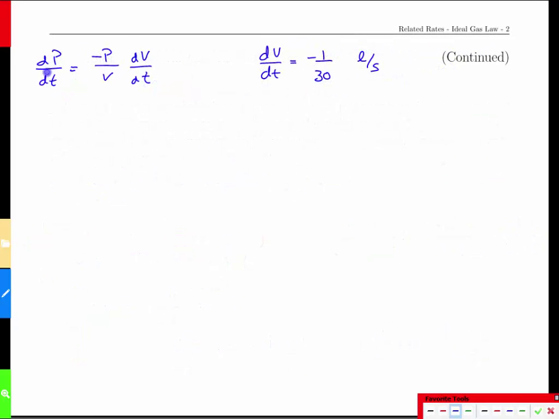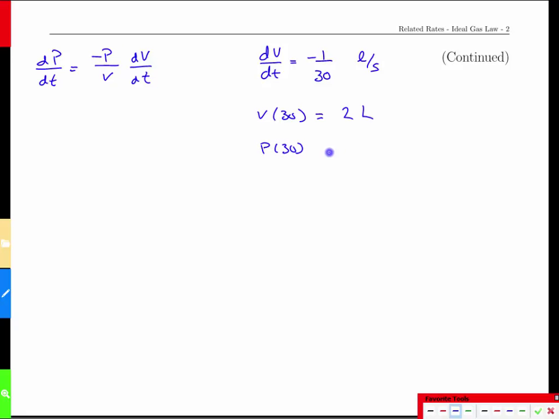Here we have our formula for the rate of change of the pressure. Here we have the known rate of change of the volume. We also know that the volume at 30 seconds is going to be halfway between 3 liters and 1 liter, so it's going to be 2 liters. The one missing ingredient is the pressure at 30.